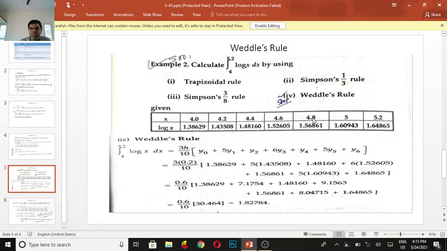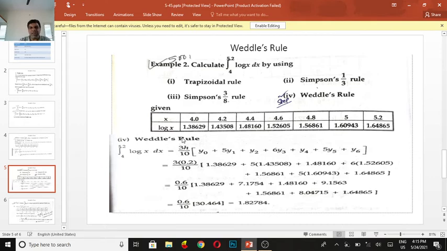If x is 4.8, it is 1.56861. If x is 5, it is 1.60943. If x is 5.2, it is 1.64865. So this is the way. So we get y0, y1, y2, y3, y4, y5, y6.